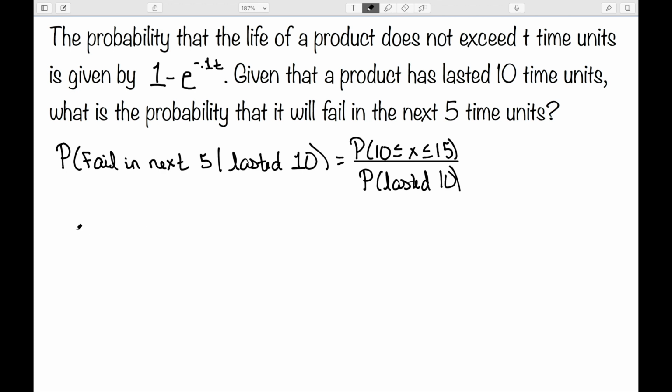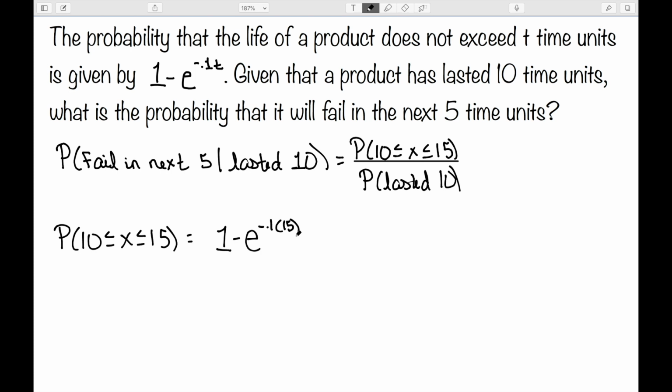Let's start by considering this top, which is a little bit tricky: the probability that it fails between 10 and 15. Let's start with 15. If I stick in 15 here, that means that it had failed before 15. It did not last 15.